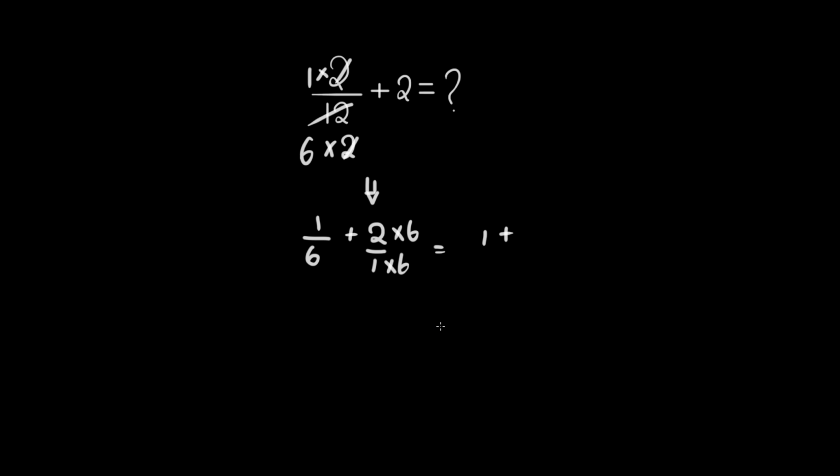If you don't know, LCM is to find the lowest common multiple. From 1 to get 6, you need to multiply 1 by 6. Those are the least common multiple. So that's what is happening.